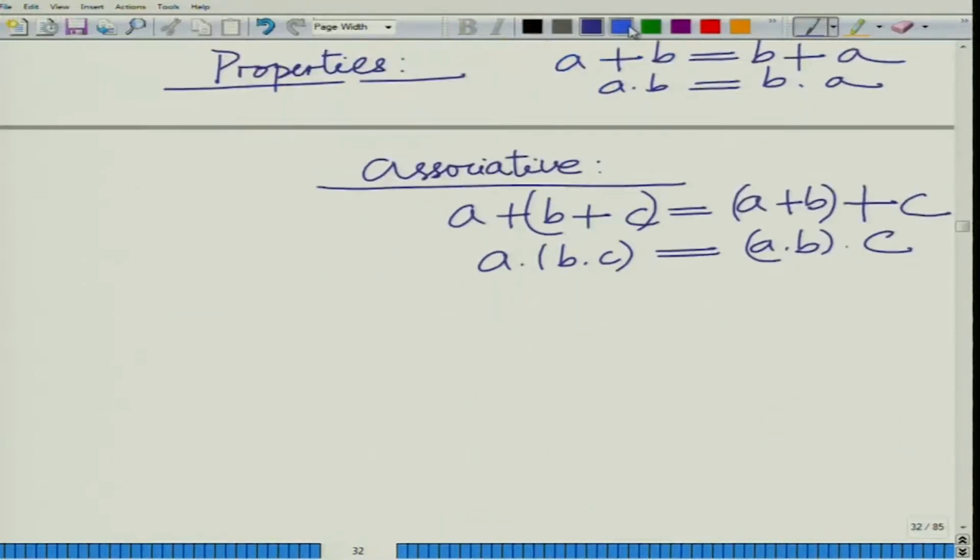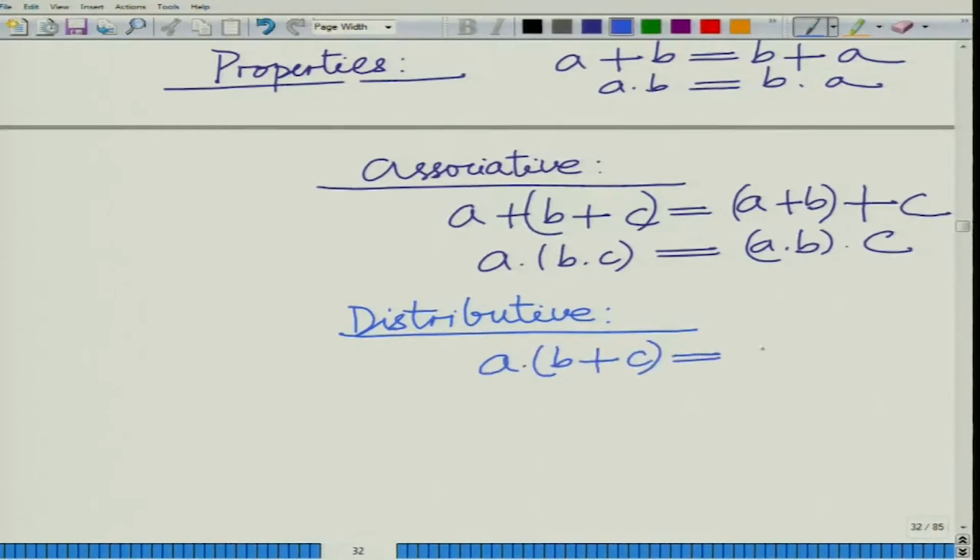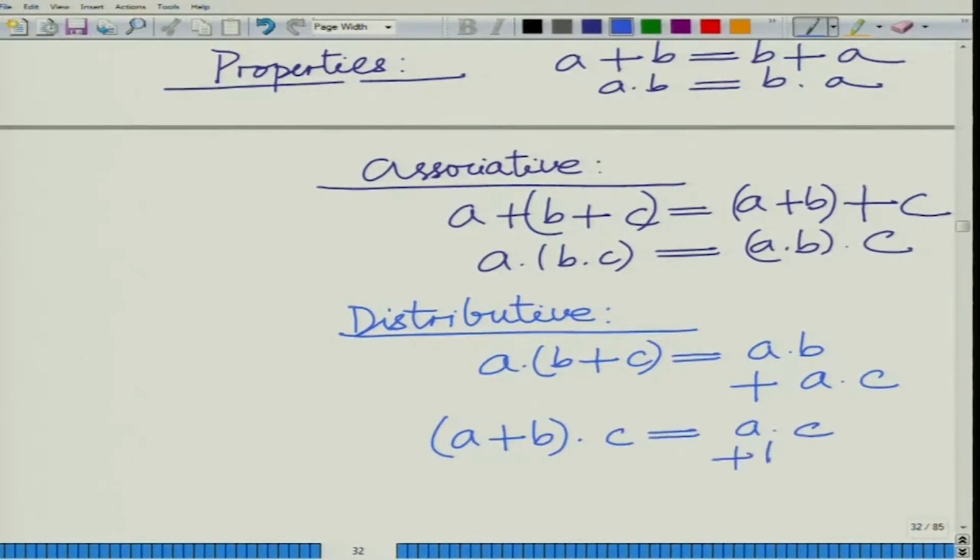Further, these operations are also distributive: a dot b plus c equals a dot b plus a dot c, and (a plus b) dot c equals a dot c plus b dot c, and so on.